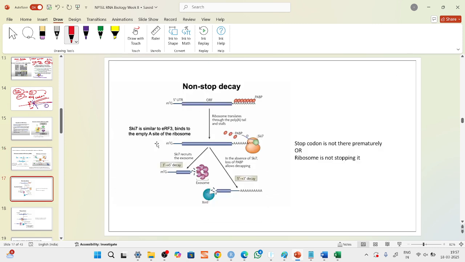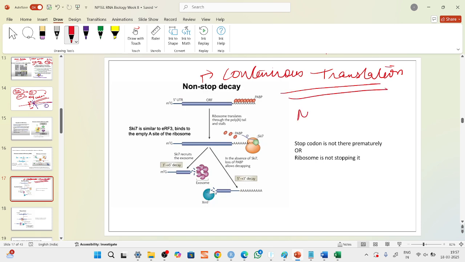Then we come to non-stop decay. There are two cases that can happen. The first case is that the stop codon is not there, or the stop codon is there but the ribosome is not able to stop at it. So in non-stop decay, continuous translation happens.